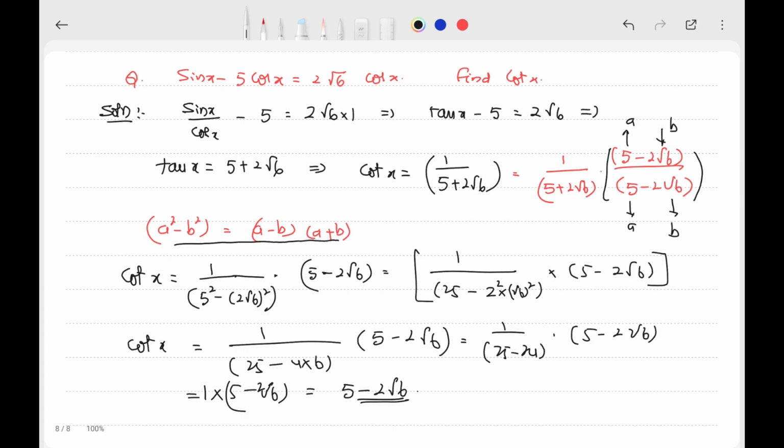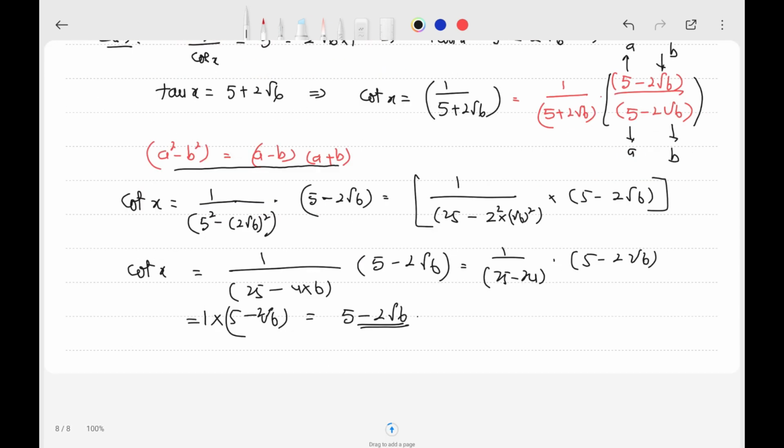You just see a little bit of algebra coupled with trigonometry. That means the knowledge of algebra is also equally required while solving the trigonometrical question.